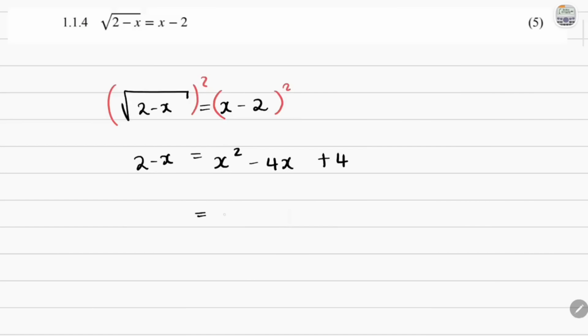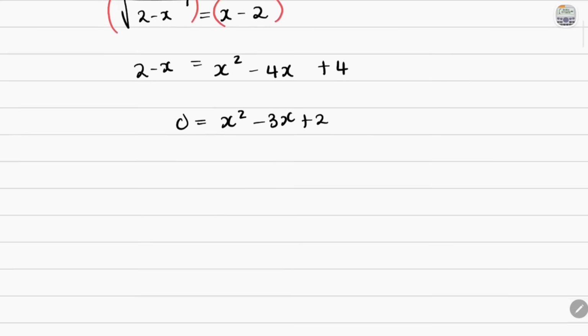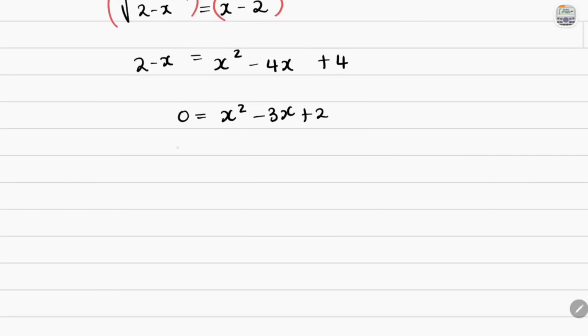And then we have x squared minus 4x, and then when this comes over, it becomes a plus x, which will be negative 3x. And we have positive 4 here, and when this positive 2 comes over, it becomes minus 2, so that is positive 2, is equal to 0. And now we can go ahead and just open up two brackets, equate to 0. x times x gives us x squared, and then factors of 2 that can give us negative 3.